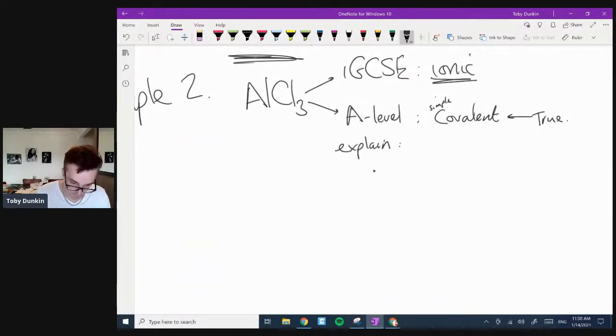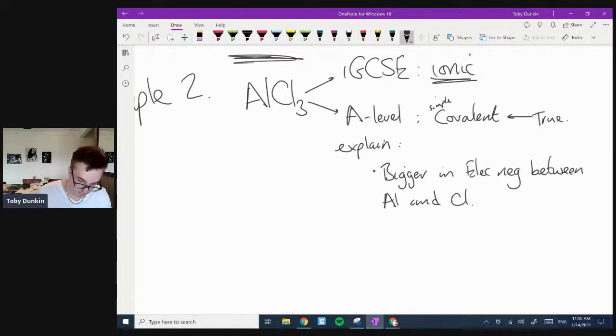First bullet point, big difference in electronegativity between Al and Cl. Second bullet point, aluminium 3+, very high charge density.